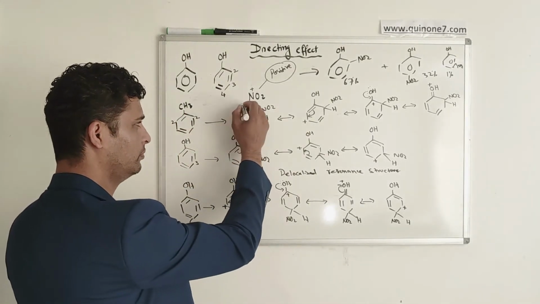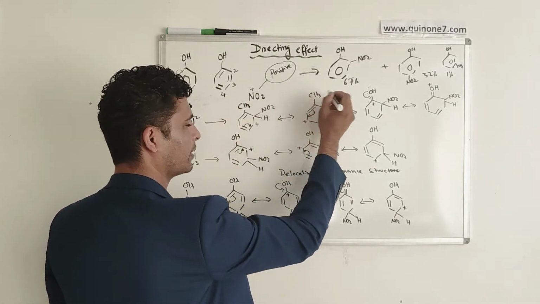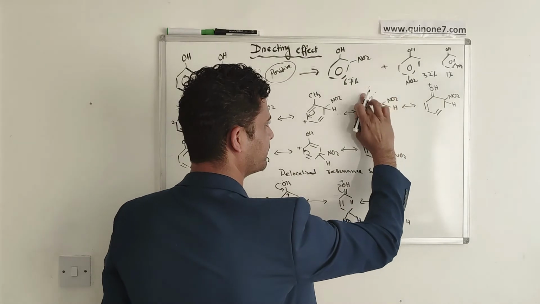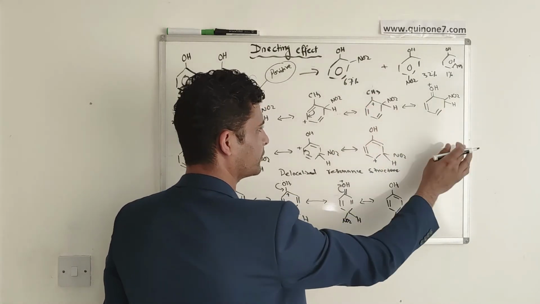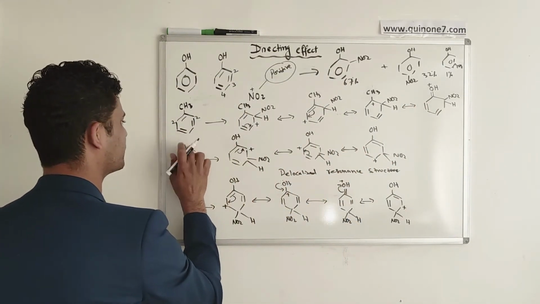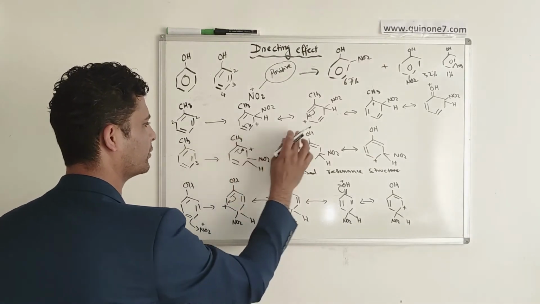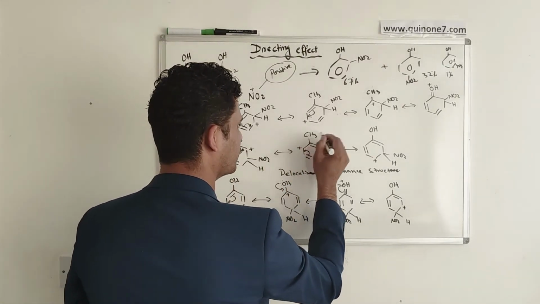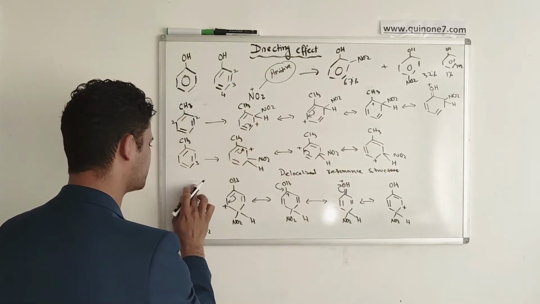All you have to do is replace this with CH3, and I'm going to come to that in a minute, how this is going to happen. I'm just going to replace all of them, and I'm going to explain them one by one. And I will remove the one which is not required.